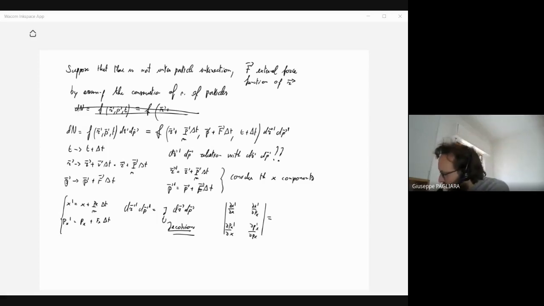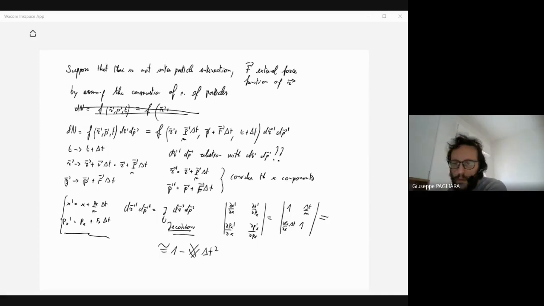Once you do the calculation using this formula, you see that here you have 1, 1, there you have delta t divided by m, and here you have the derivative of f with respect to x times delta t, which will be equal or almost equal to 1 minus something times delta t squared.